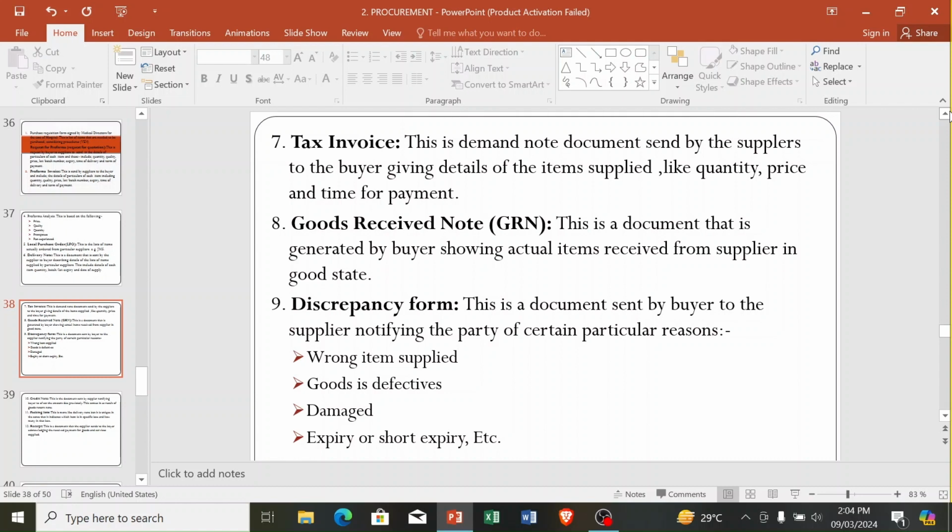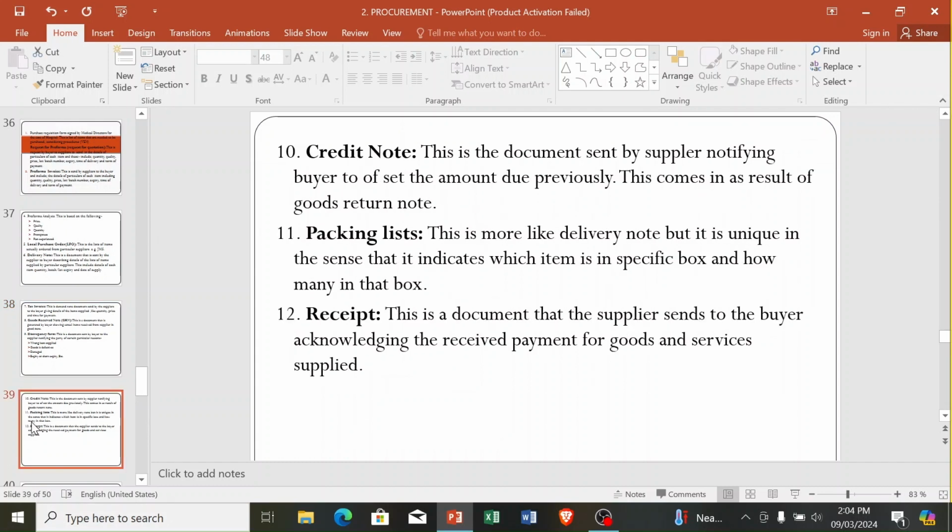So whatever damage that happened, we record it. Whatever wrong items were supplied, we also put them in the discrepancy form. Whatever damages we get, we also put them in the discrepancy form. And in case we have expiries and short expiries, we also put them here in the discrepancy form.